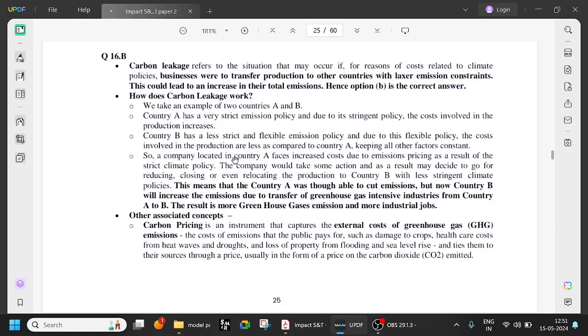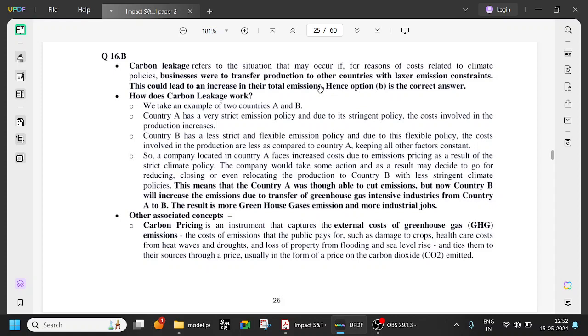Carbon leakage refers to the situation that may occur if, for reasons of cost related to climate policies, businesses were to transfer production to other countries with laxer emission constraints. This could lead to an increase in their total emissions. Basically, suppose a developed country, say Germany or Switzerland, has a factory.